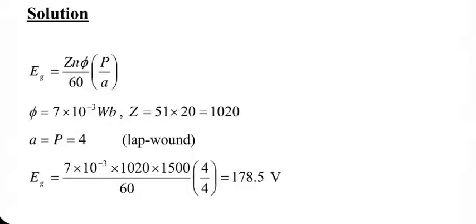Number of parallel paths for lap winding is same as number of poles, which is 4. So A and P cancel out in this case. Phi is the flux per pole, which is 7 into 10 raised to the power minus 3 Weber. Plug in all the values. The EMF generated is going to be 178.5 volts, assuming there is no mistake in the calculations.